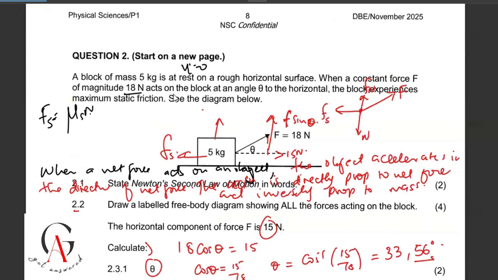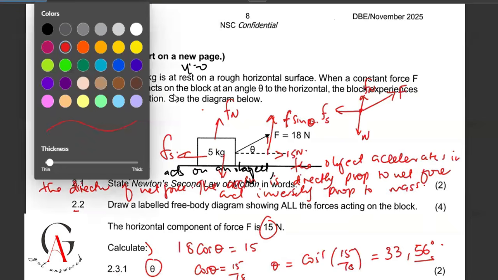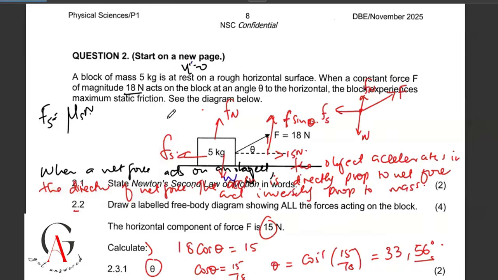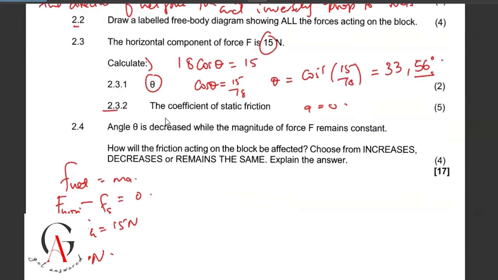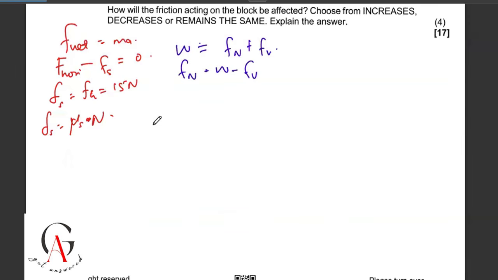Then we said we also have the normal force. It must be counterbalanced by the weight. It means that the weight is equivalent to F normal plus the F vertical. Our interest is the normal, meaning that we're going to get the weight minus the F vertical. So let's do the substitution: mu S is going to be the static friction divided by the normal force.